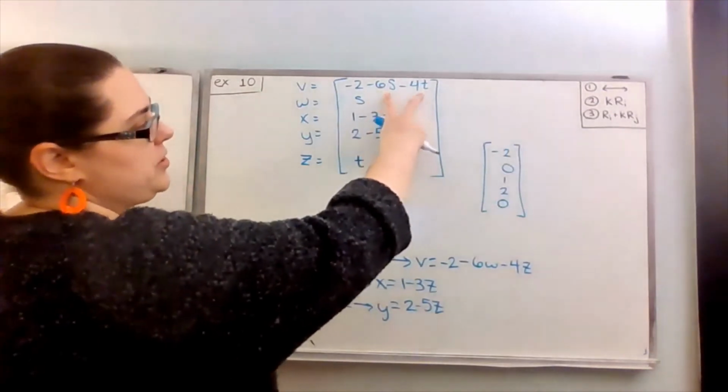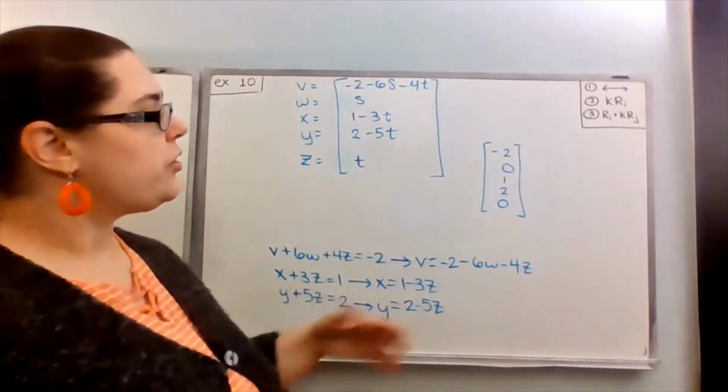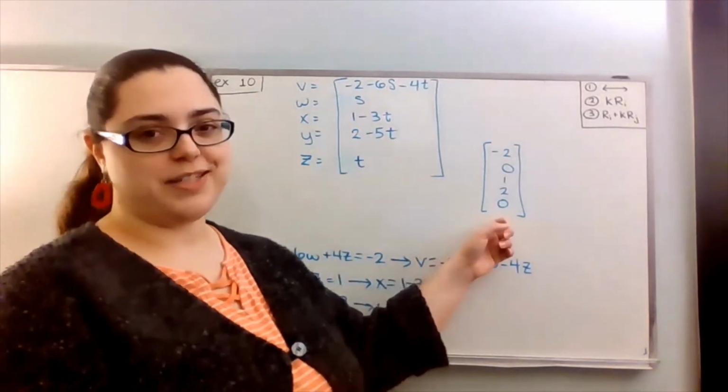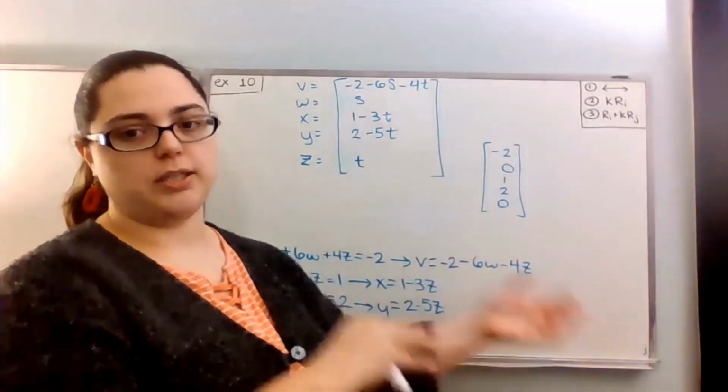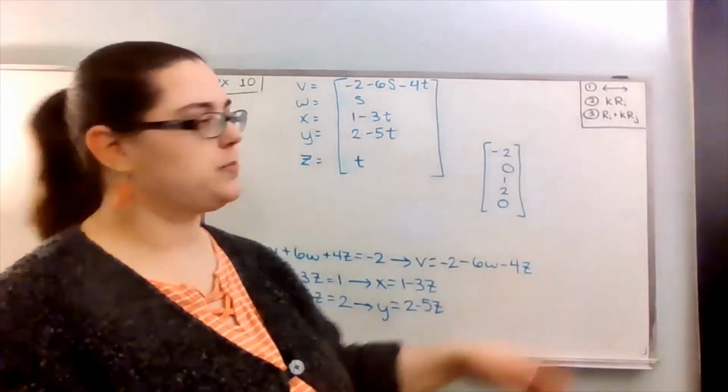Because these would become 0, that would become 0, 0, 0, and 0. So if I were to substitute these values in for v, w, x, y, and z into my initial system, it would work for all of those equations.